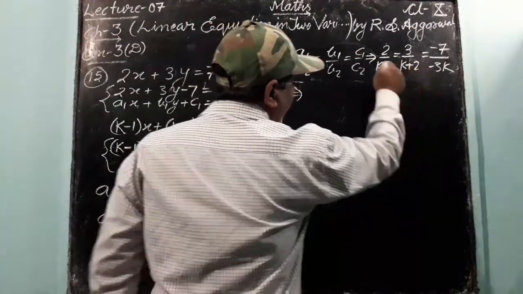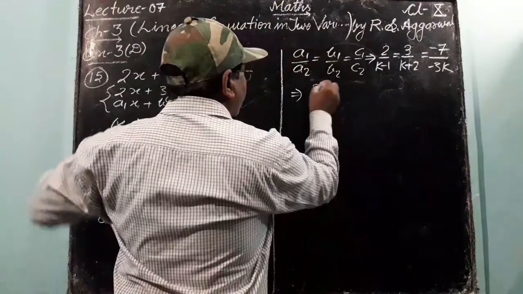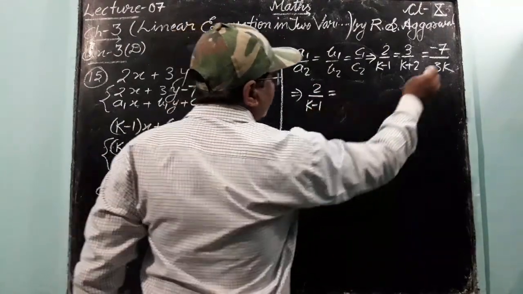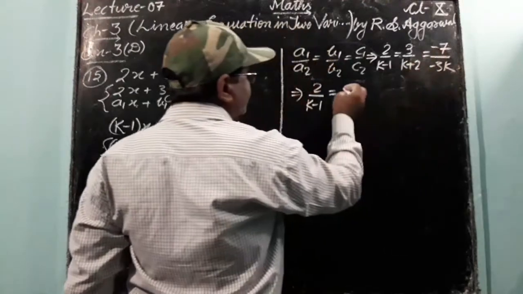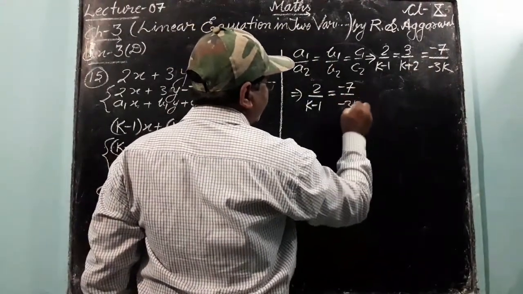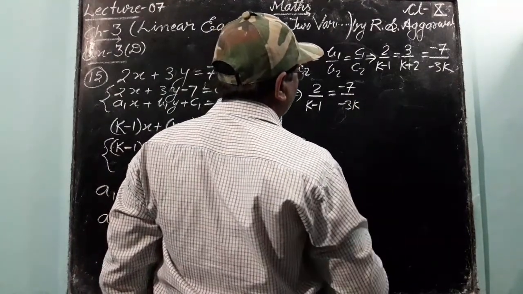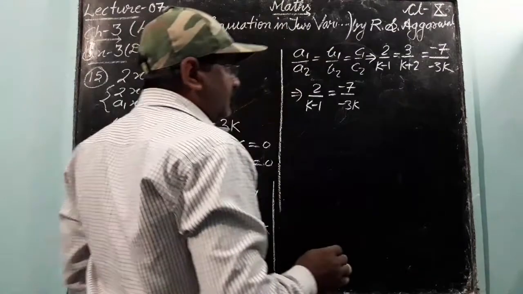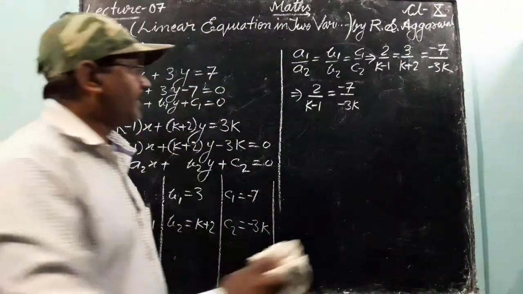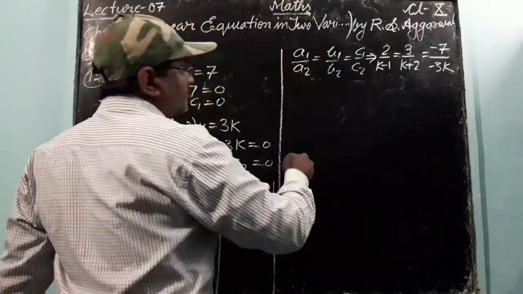In this way, 2 upon k minus 1 is equal to minus 7 upon minus 3k. Not in this way; you do it separately, that way.